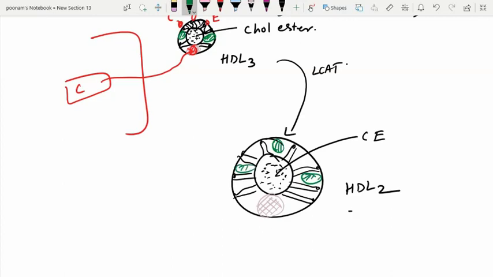This lacuna also accepts cholesterol via those transporters, and that cholesterol again is modified to cholesterol ester and moves into the core. So this HDL2 continues the process of reverse cholesterol transport. It accepts cholesterol from extrahepatic tissue with the help of LCAT, and converts it to cholesterol ester. This action of LCAT continues even on HDL2.